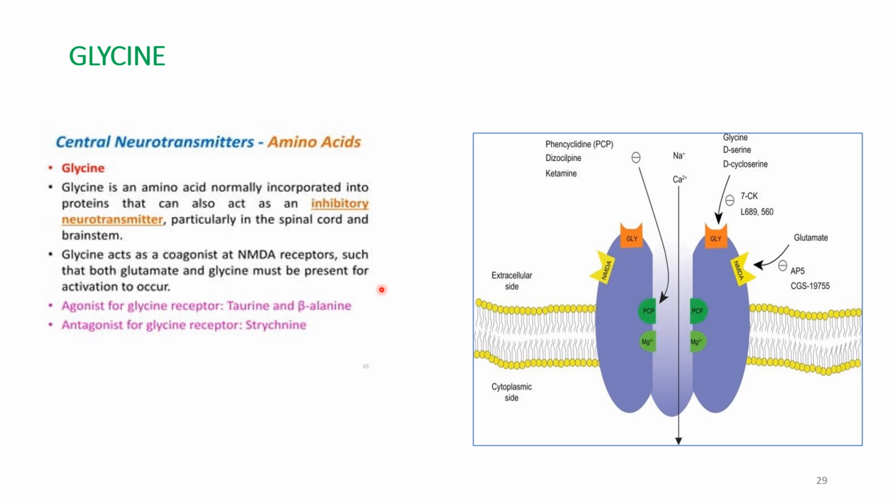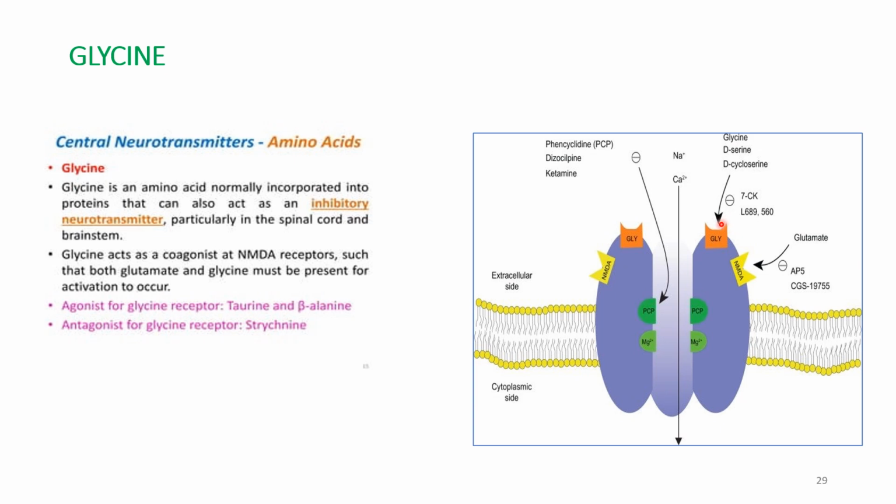So it is acting as a co-agonist. Here glycine is attached to the NMDA type of receptors, and here glutamate is attached. So it is co-released: glutamate is released, and glycine is also released from the presynaptic nerve terminal.